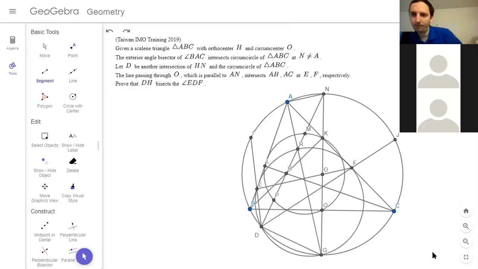All right, we have to use the parallel condition somehow. I'm just having trouble using that.